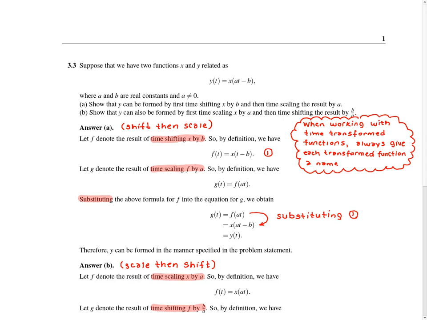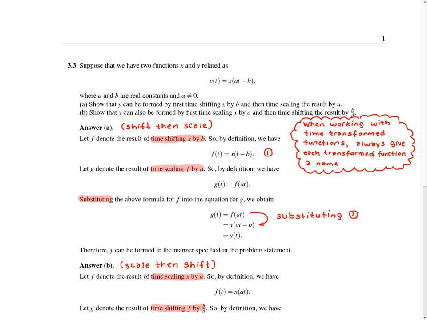In particular, we're going to show that if we have two functions x and y related by an equation of this form, where a and b are real constants and a is not equal to 0, then you can obtain the function y by first time shifting the function x by b and then time scaling the result by a. Alternatively, you can obtain y by first time scaling x by a and then time shifting the result by b over a. So we're going to prove that these statements are true.